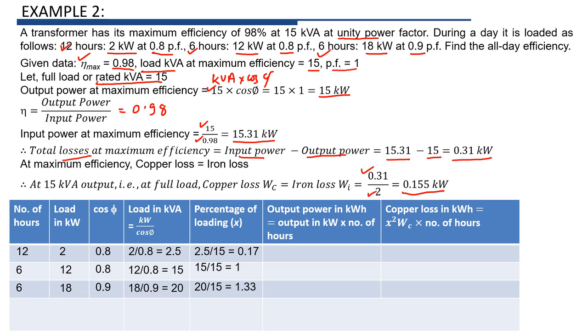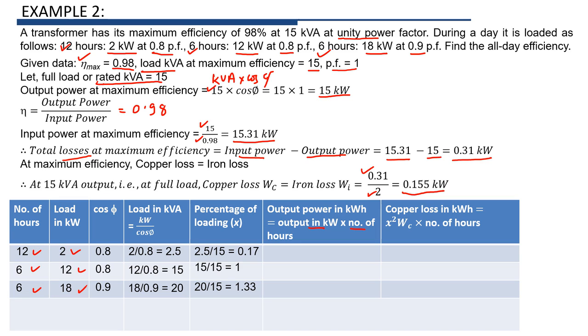Now we can calculate the output in kilowatt hours. It is output in kilowatt multiplied by number of hours. We know the number of hours, that is 12, 6 and 6, and we know the load in kilowatt, it is 2, 12 and 18.